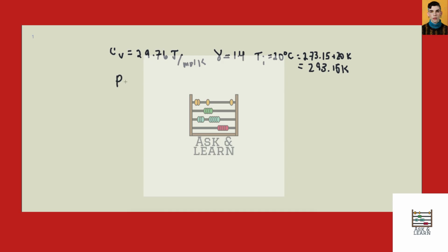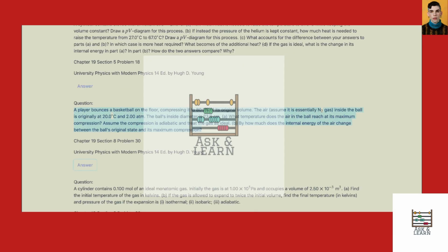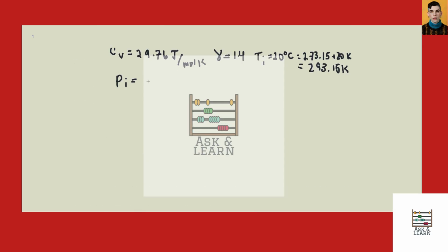So P initial is equal to 2 atmospheres. And then if you convert that to pascals by multiplying by the conversion factor, then you get 2.026 times 10 to the 5 pascals. So we want it in SI units.